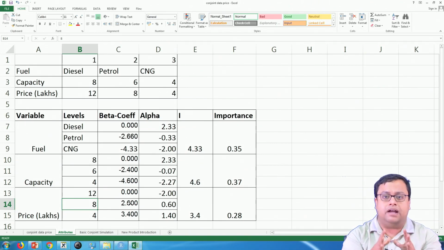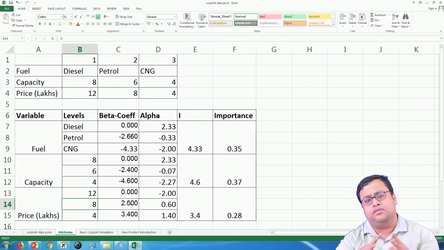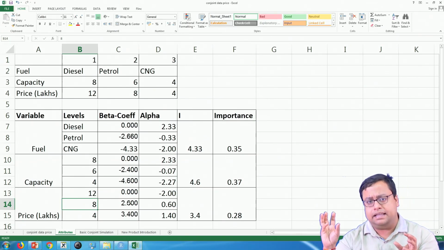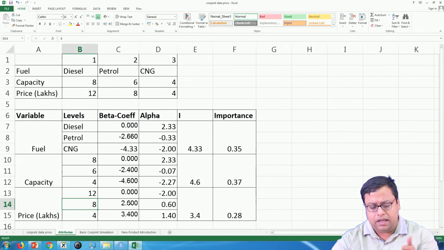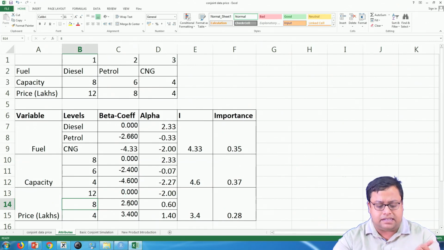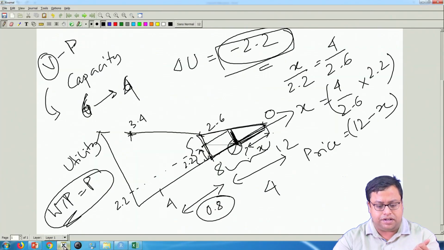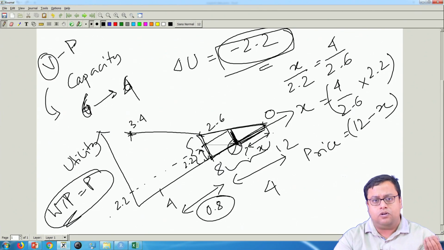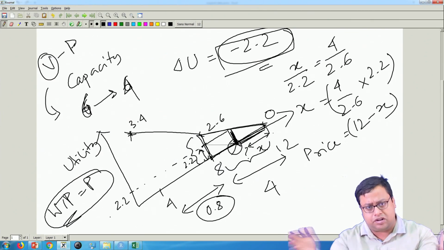So, instead of asking the preference, I can directly ask the willingness to pay, and I can find out the price that they are willing to pay. That is one way. Another way is, if you have by chance taken price as one of the considerations, you can do this kind of maths to find out, it is an interpolation or extrapolation.